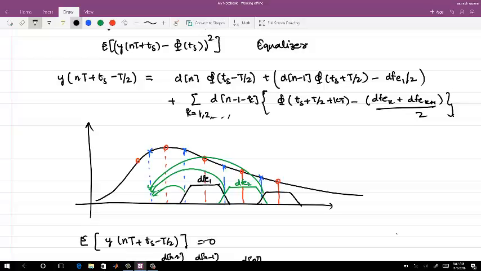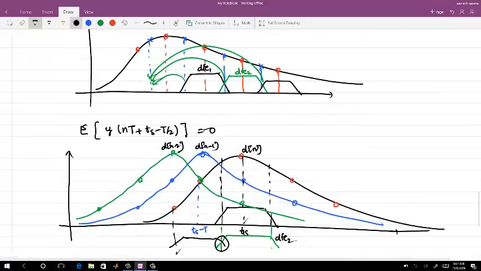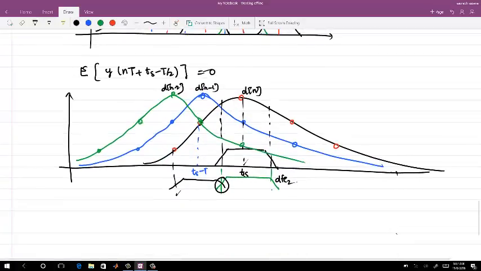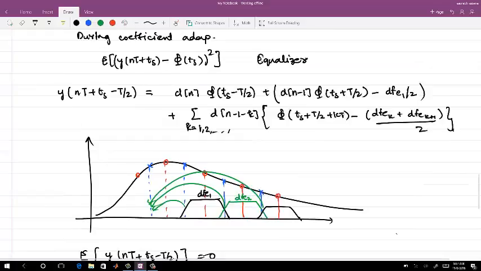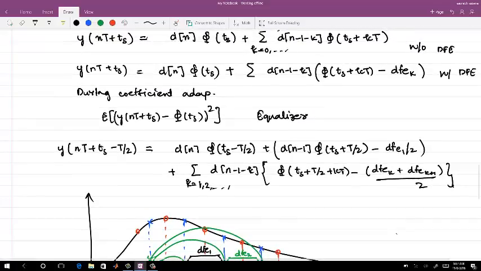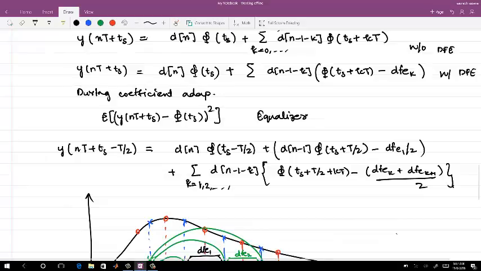Okay. So from here we want the error information to go to 0, and the mean square error at the sampling point for the coefficient should be minimized.